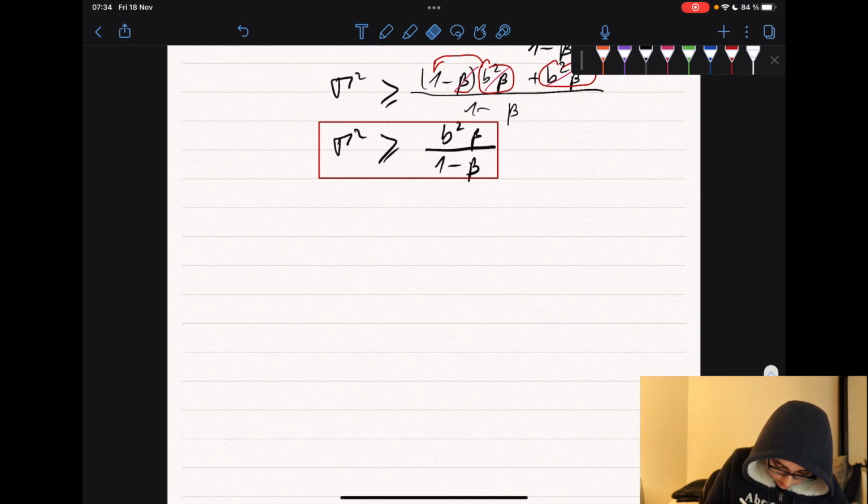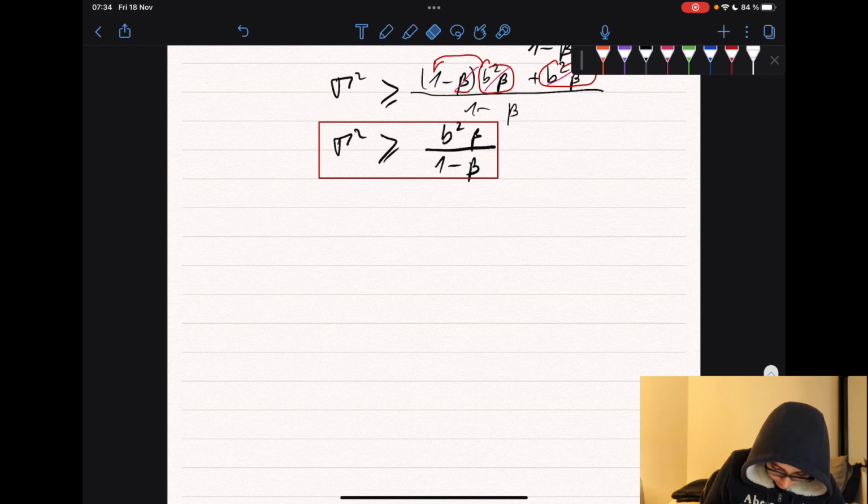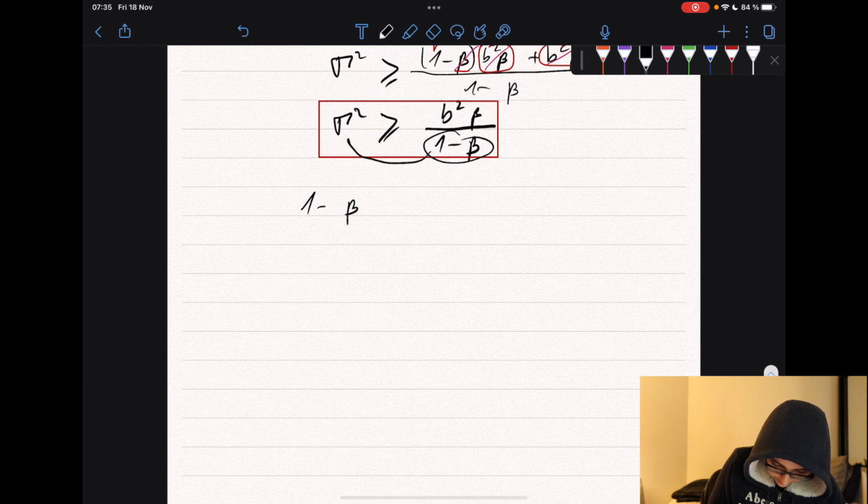We're going to try to isolate the beta from the other variables, and that is what will allow us to write the Chebyshev inequality. So we rewrite this in terms of 1 minus beta, passing it to this side: 1 minus beta times sigma squared is higher than or equal to b squared beta.